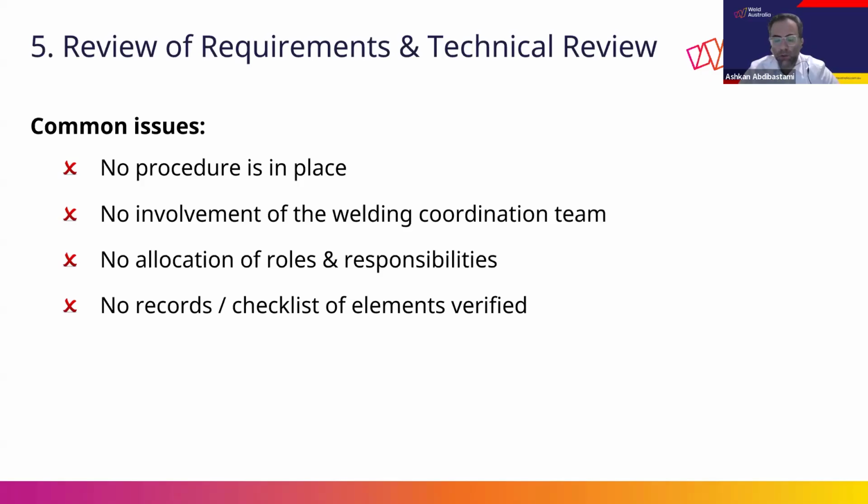The best guide to see the requirement is part 1. If you go to part 1 of the standard, there is a table that explains for each quality requirement, for example, the comprehensive quality requirement, what we need to do.